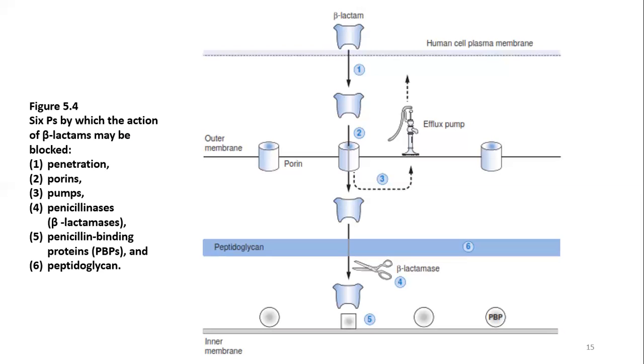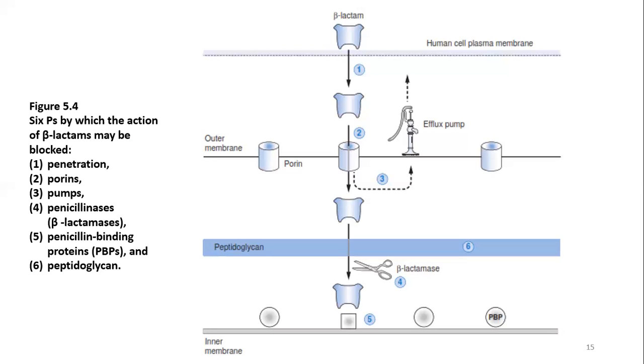The last one is the peptidoglycan layer. There are bacteria that do not have a peptidoglycan layer, and those are Mycoplasma and Chlamydia. They do not have a peptidoglycan layer, so they cannot be affected by the penicillin, because the main function of penicillin, which I have discussed in detail in previous videos, is to stop the biosynthesis of the peptidoglycan layer.